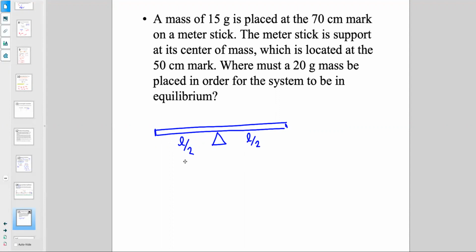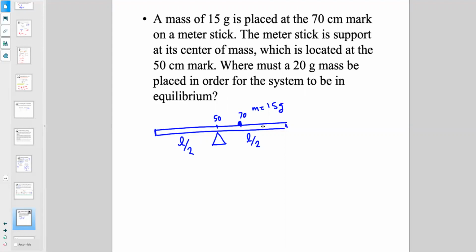A 15 gram mass is placed at the 70 centimeter mark. Let's say this is 50 at the center, and this is 70. So we have a mass M1 of 15 grams right there.